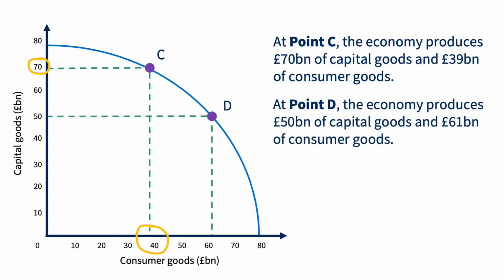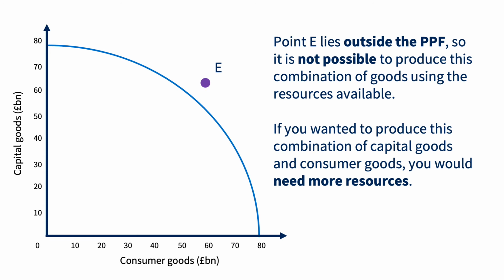If we move to point D, the economy now produces £50 billion of capital goods and £61 billion of consumer goods. In this example, point E lies outside the production possibility frontier. It is not possible to produce this combination of goods using the resources available. If you wanted to produce this combination of capital goods and consumer goods, you would need more resources.